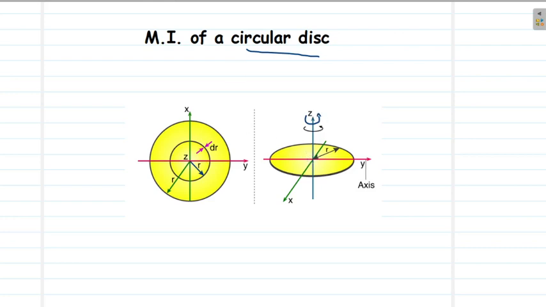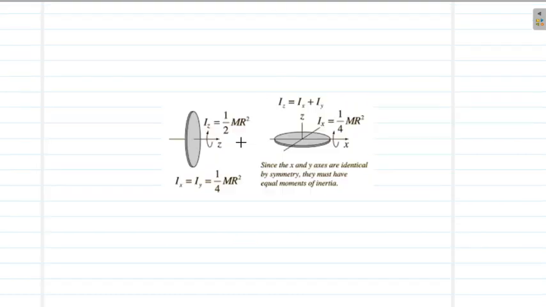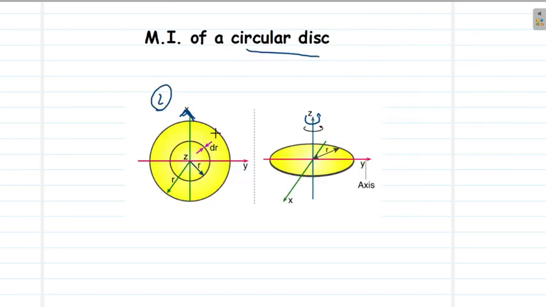Now, as case 2, let us find the moment of inertia of the same disk about an axis passing through its diameter. For that, as we have already seen, we may use the perpendicular axis theorem. Consider two axes x and y lying on the plane of this disk. So you can imagine it like this.